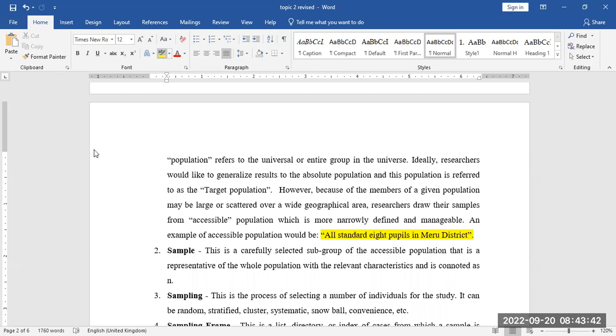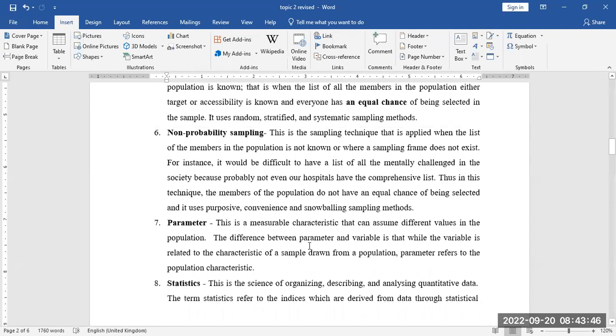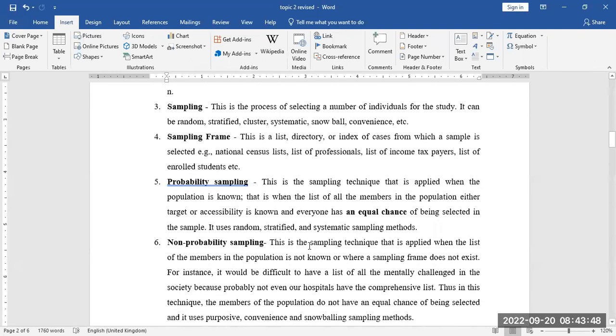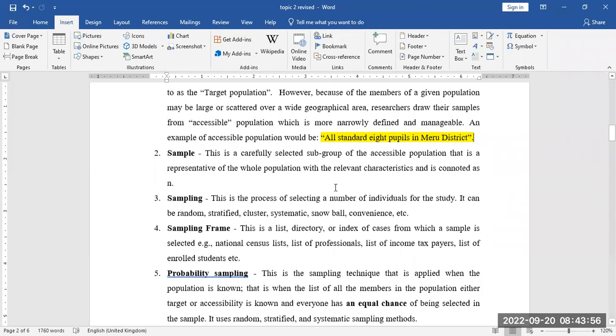Then we go to what we call a sample. A sample is simply a subset, or a subgroup, that is selected from a population. For example, maybe your population is Safaricom Kenya Limited, and you are interested in the management.